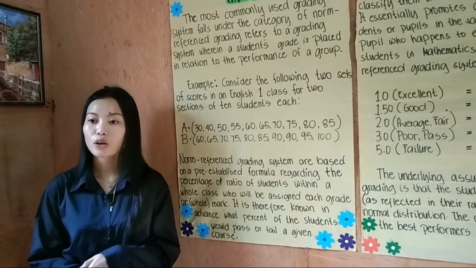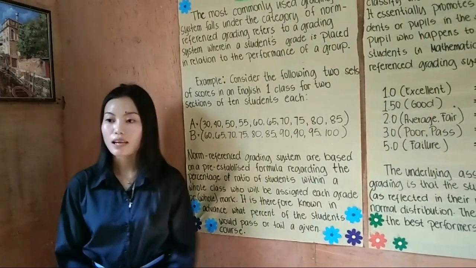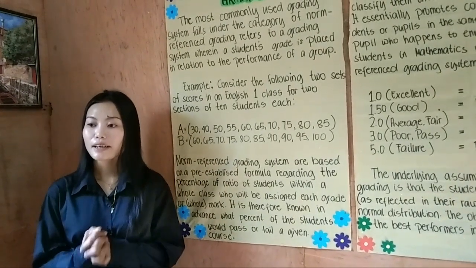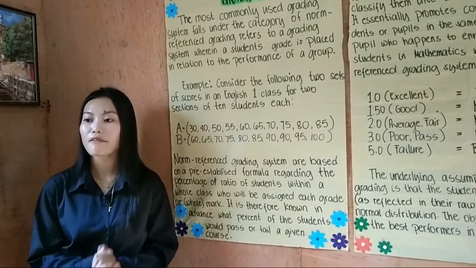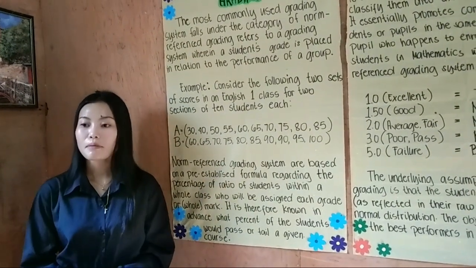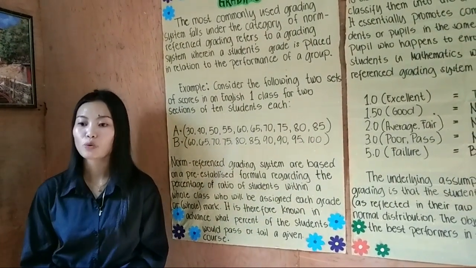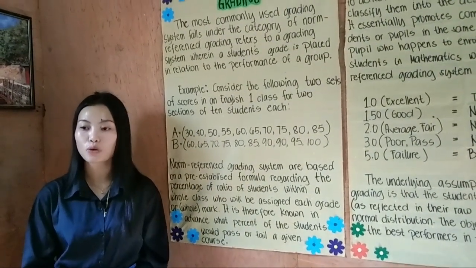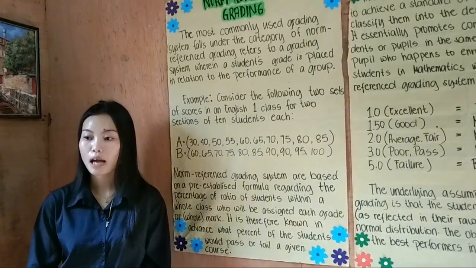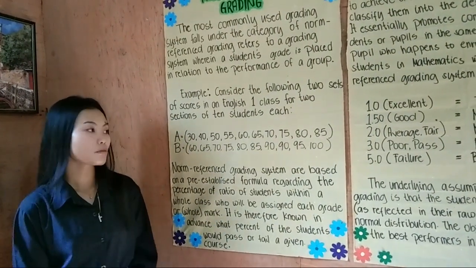This problem is called the problem of equivalency. A grade of 80 in one class does not represent the same achievement level as in another. The problem is similar to trying to compare a valedictorian from some remote rural high school with a valedictorian from a popular university in the urban area.